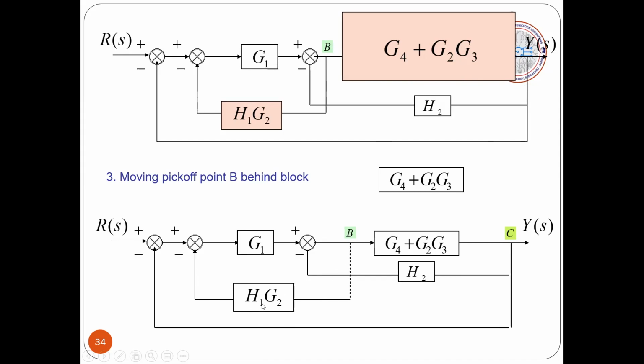This feedback path unnecessarily gets the effect of this block if I move from here to here. From point B to point C, if I move, I will get the G4 plus G2, G3 gain affecting the feedback path, which is not required.